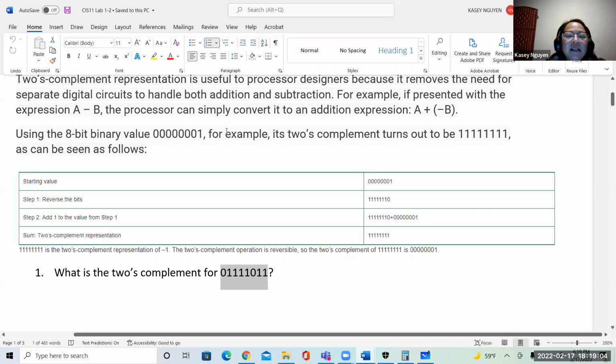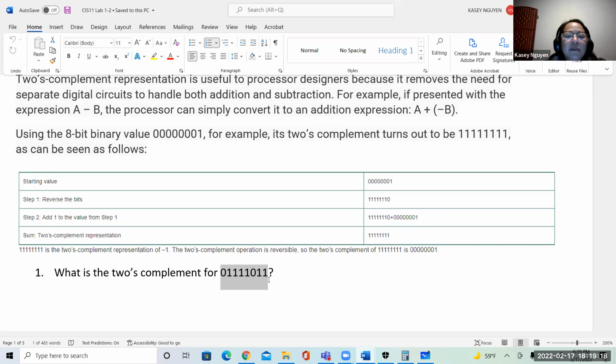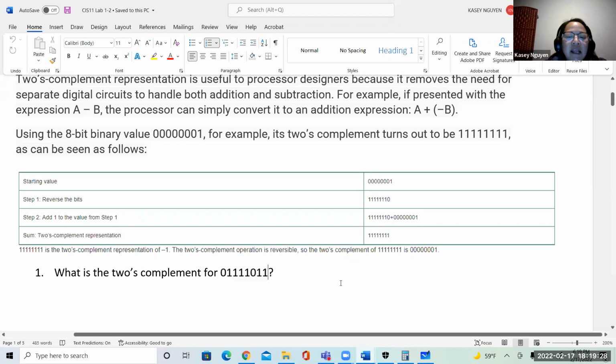The best approach in doing 2's complement: let's say you have a decimal number, you need to convert it to binary. That will be the first step. So if I'm given 5 as a decimal value, I need to convert that to binary first. Once you get to the binary value, then you are going to flip the bits, or reverse the bits.